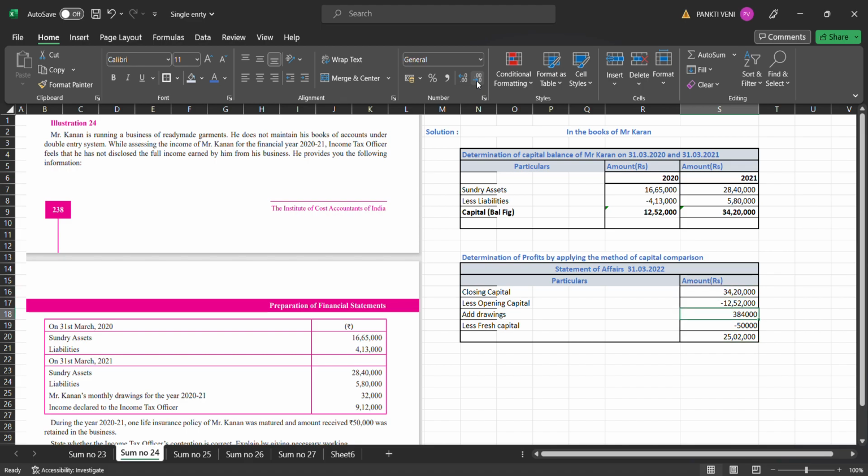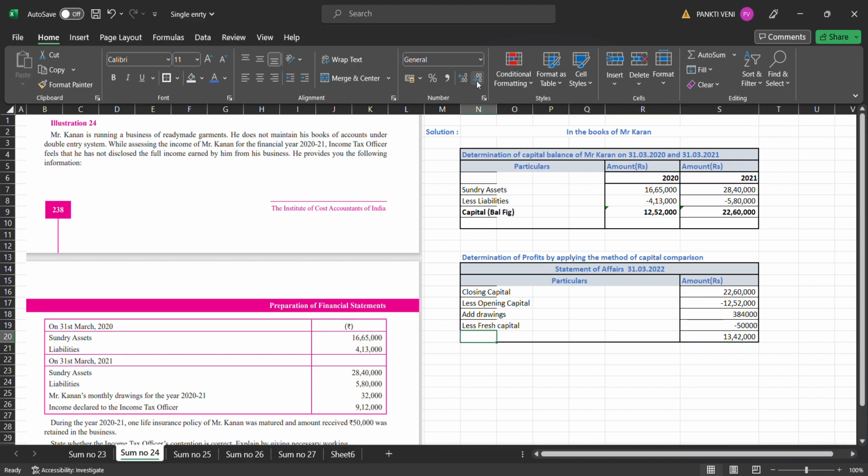So 34 lakh 20,000. 21 lakh 68,000. Here I have done some mistake. 28 lakh. Okay. So 13 lakh 42,000 is the answer.